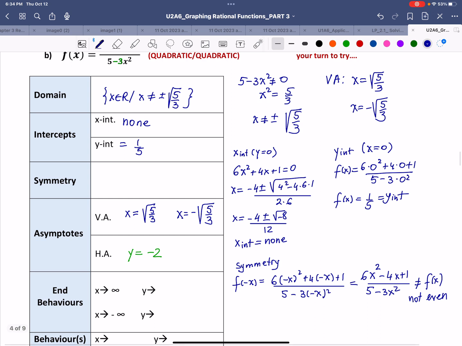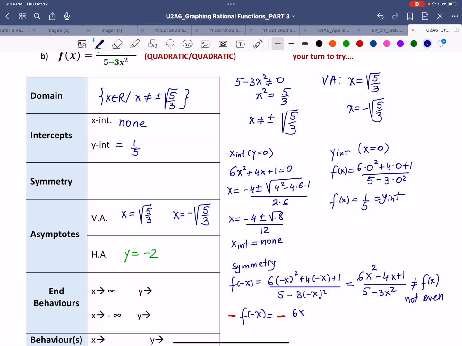So the next thing we want to check for is odd symmetry, which is basically adding a negative sign before f of negative x, which means that we are switching the signs of the numerator. So 6x squared minus 4x plus 1, which is in the numerator, will now have a coefficient of negative 1.